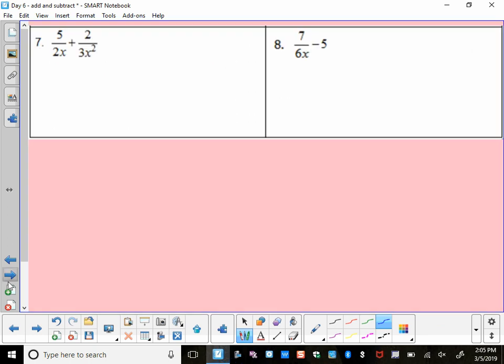All right, look at number 7. This one's a little different. I have 2x as a denominator and 3x squared. So off to the side, I'm going to find my LCD. In my first fraction, I have 2x.